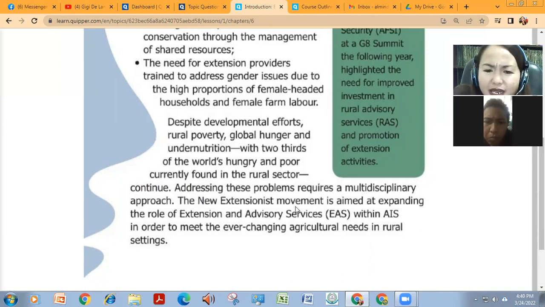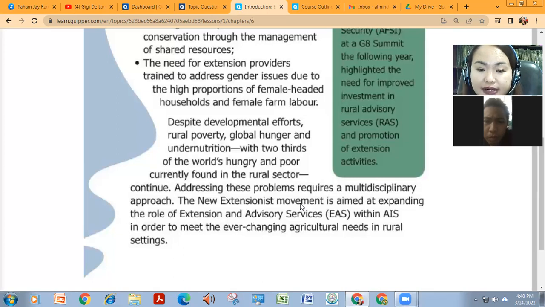So it becomes a permanent setting because of access, for example, if you go to Maragusan you have no signal. It is also because of the distance, so there is no access.